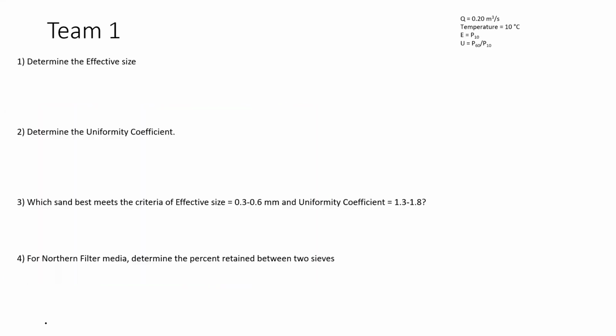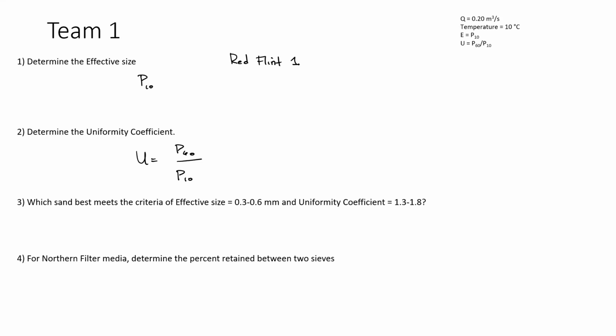So to determine the effective size, as I've just mentioned, this is P10. Okay, and then the uniformity coefficient is P60 over P10. Okay, and in the interest of time, you can read this off the graph.